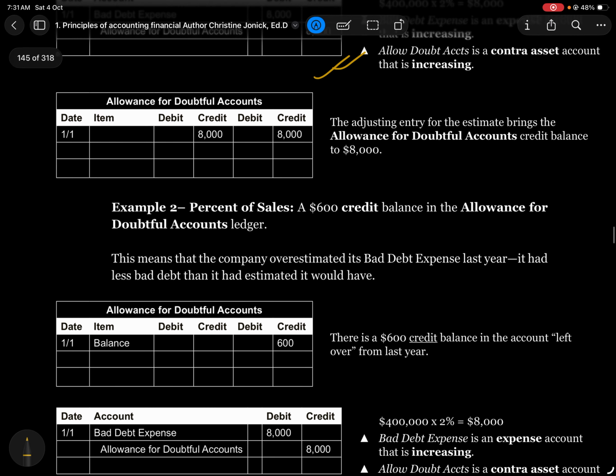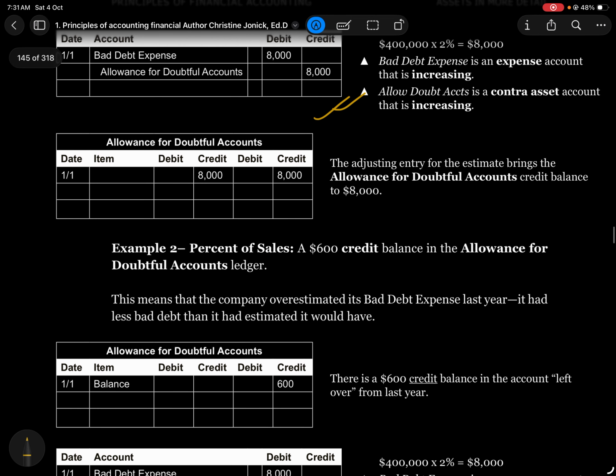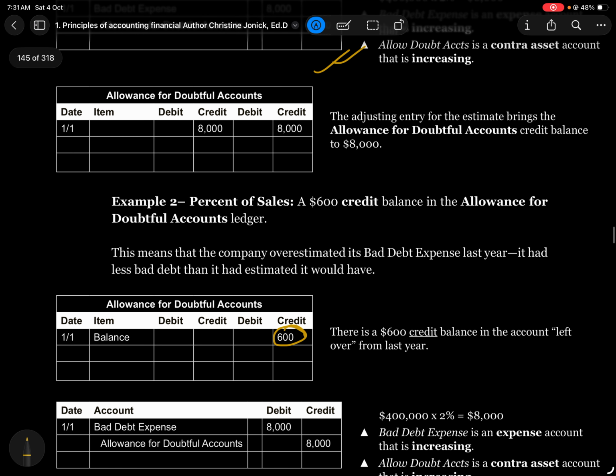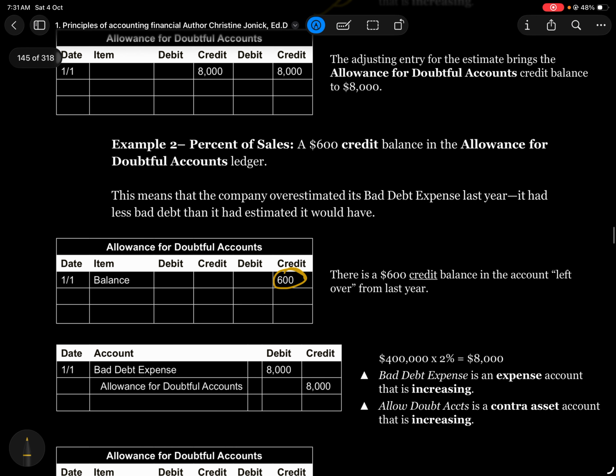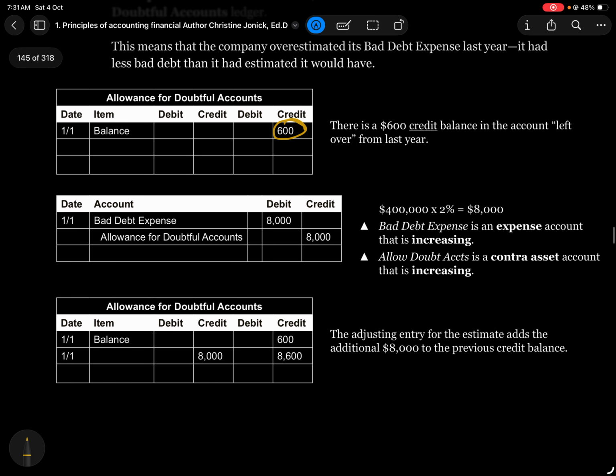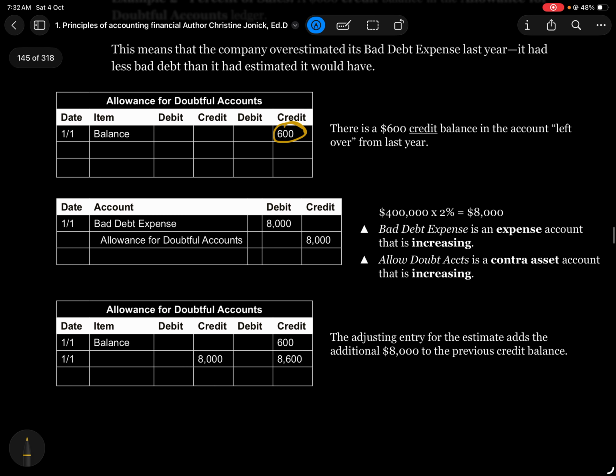But what happens in the next year? Suppose the bad debt was only 7,400, so what would happen? We would have a balance of 600, right? So in the next year, if we were to expense out 8,000, there would be a balance of 8,600, right?